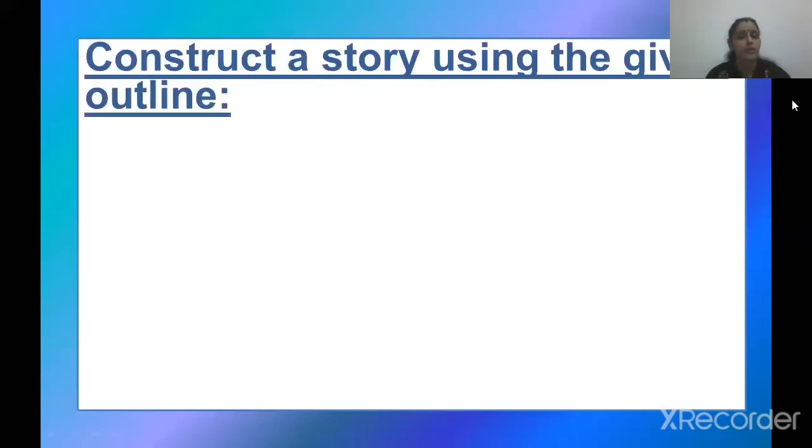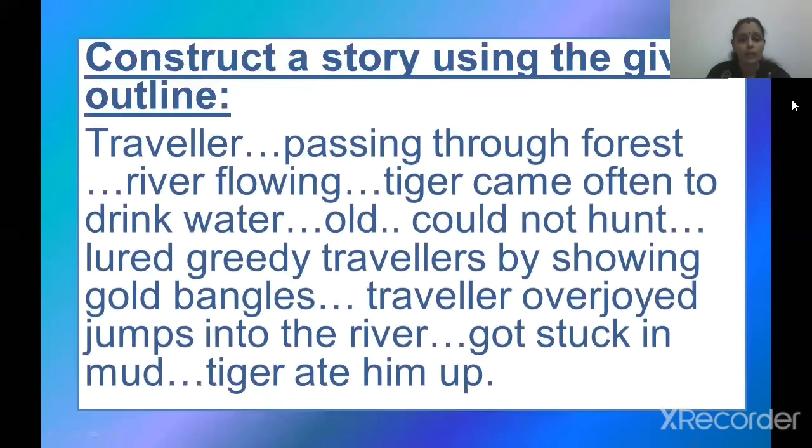Right? Then write the heading as story writing. And the first line below that, write the question, construct a story using the given outline. Now in the next line, we are going to write the outline. On the left hand side itself, we are going to write the outline of the story given to us. So write this. Below the question, write the outline.